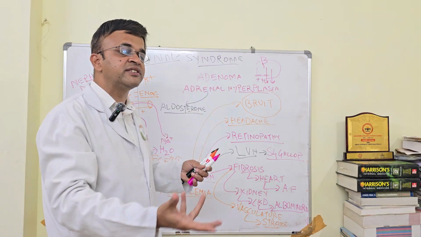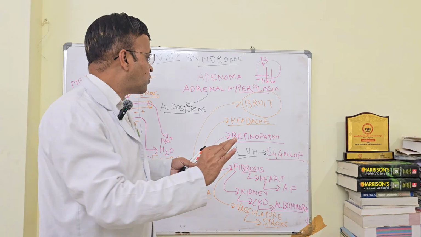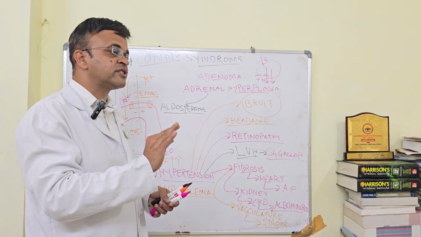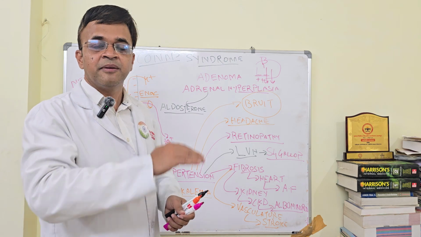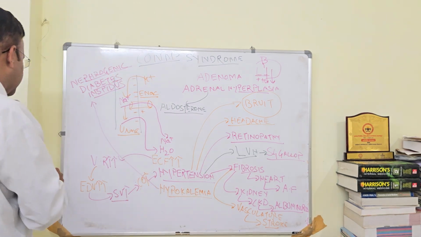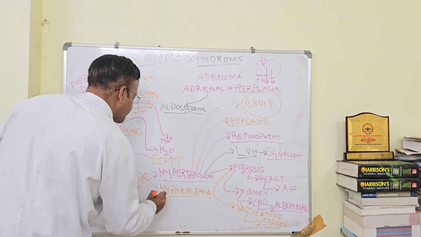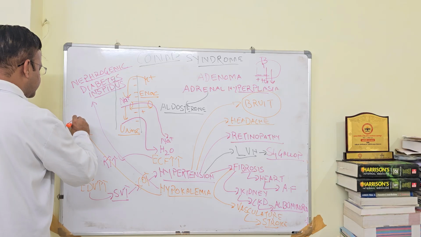If insulin won't get released, you will have glucose intolerance. So in one line, hypokalemia causes glucose intolerance because of hyperpolarization of the membrane of the beta cells. So hypokalemia can lead to glucose intolerance.